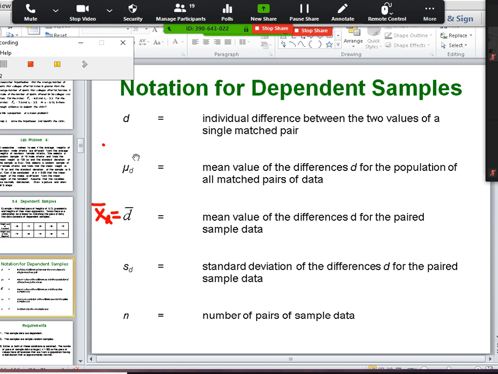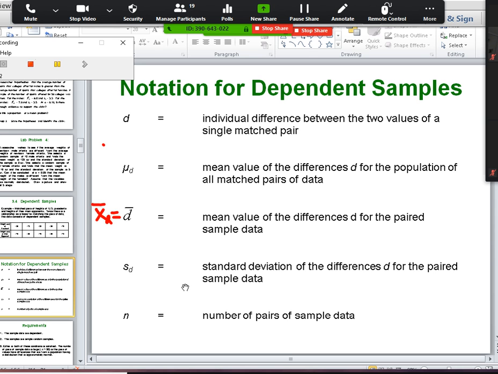If you did all of them that exist in the world, or in the past and present, that's what you get. And then D bar. You can also call that X bar D if you wanted to. It's basically your sample average, your sample mean of those little differences.